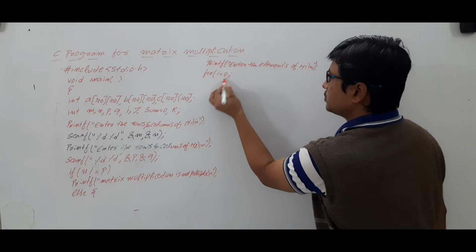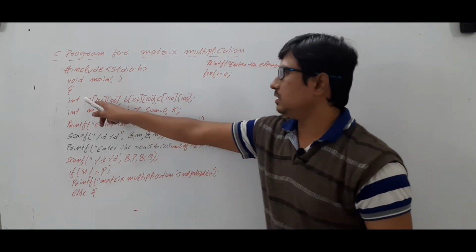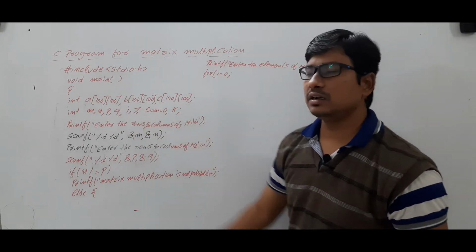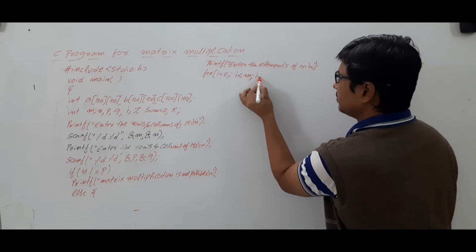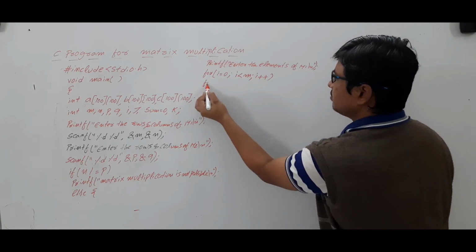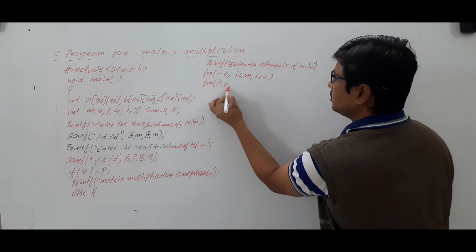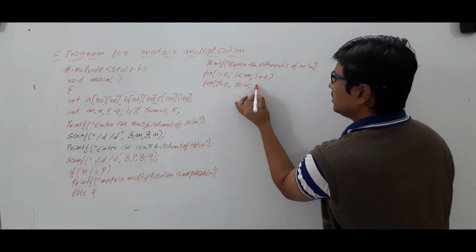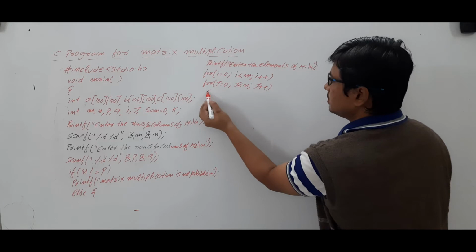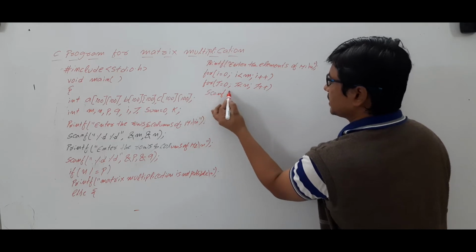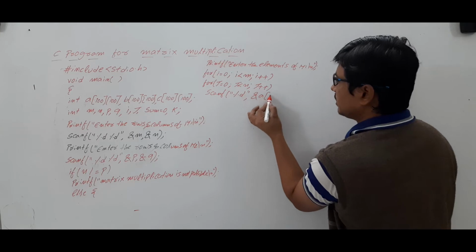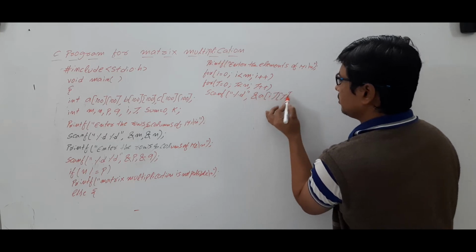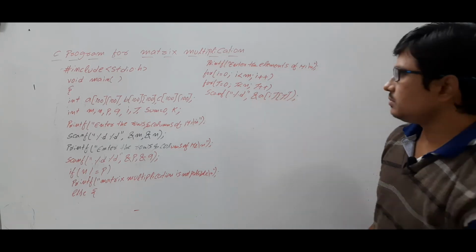I'm using the nested loops concept because it is a two-dimensional array. So for i is equal to 0, i less than m, i plus plus. For j is equal to 0, j less than n, j plus plus. You scan it, scanf of %d, and you need to store it in the array A at the location of i and j. Is it clear?